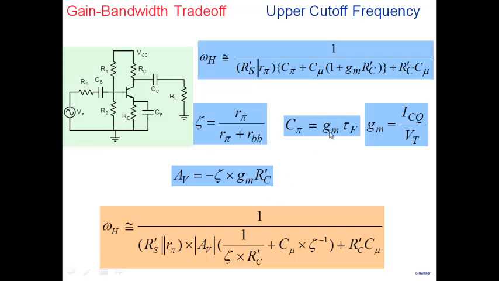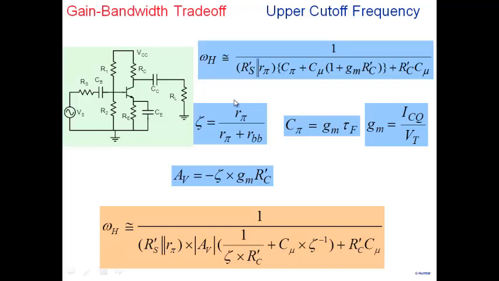All right, so basically we have taken GM here and GM RC dash here and written in terms of the gain. So what you see is omega H and all these things that you see over here. What this is telling you is again, as we saw in the last lecture, there are ways of changing the gain.